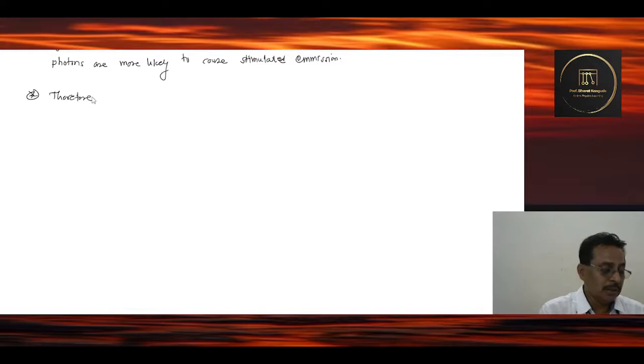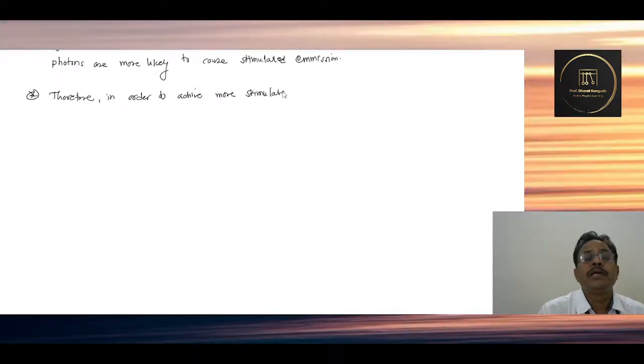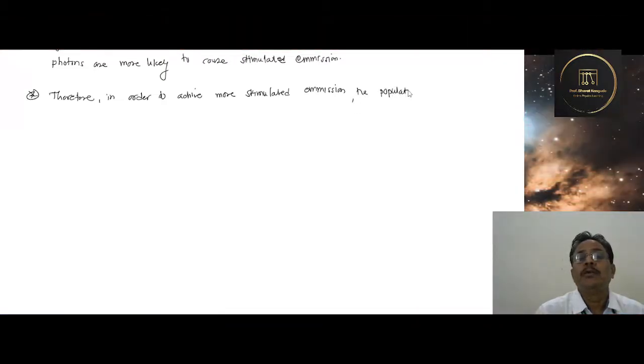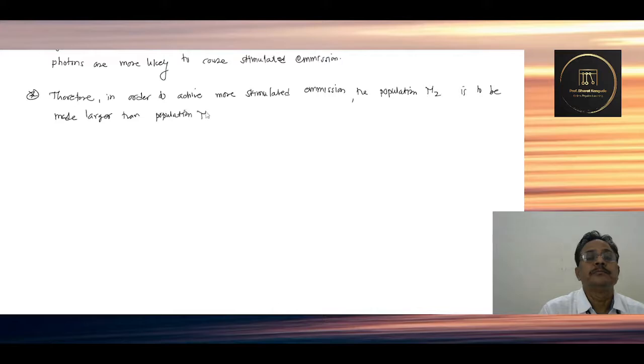Therefore, in order to achieve more stimulated emission, the population N2 is to be made larger than population N1. Okay, and this particular phenomenon is called population inversion.